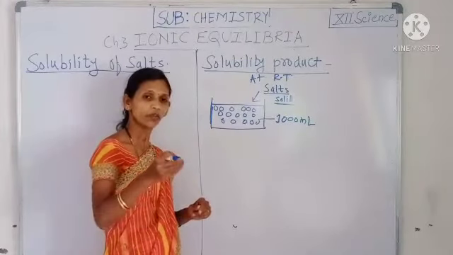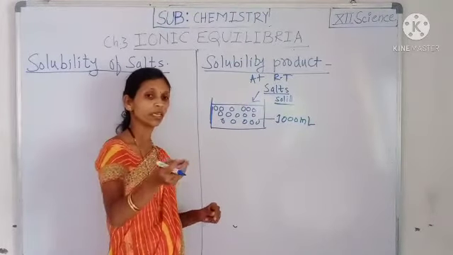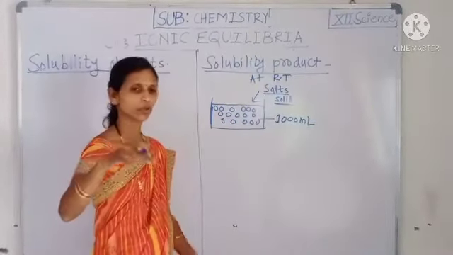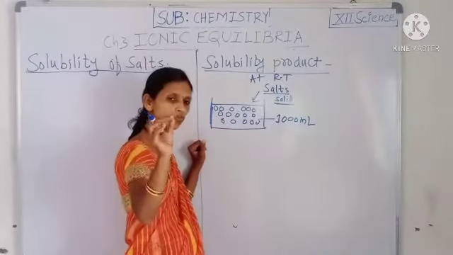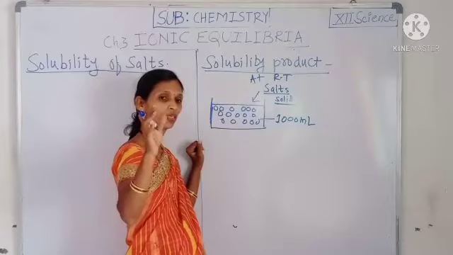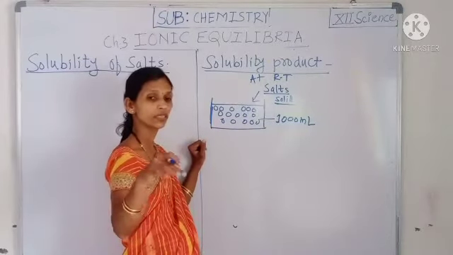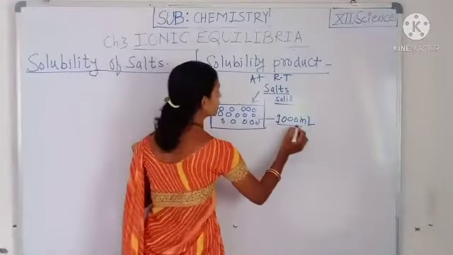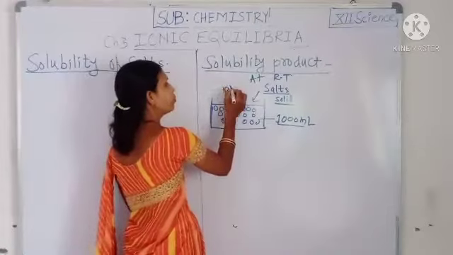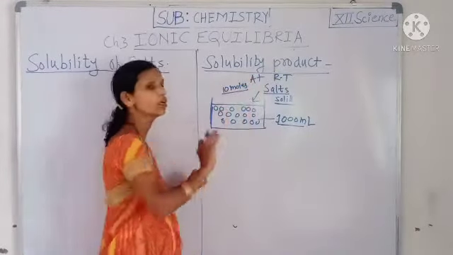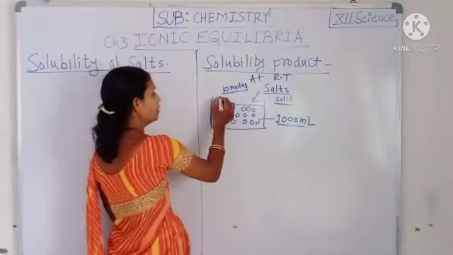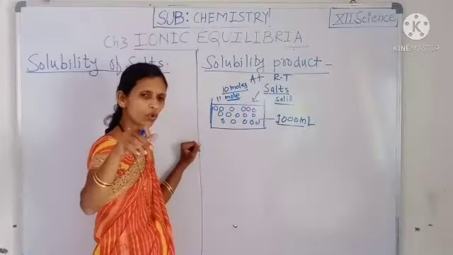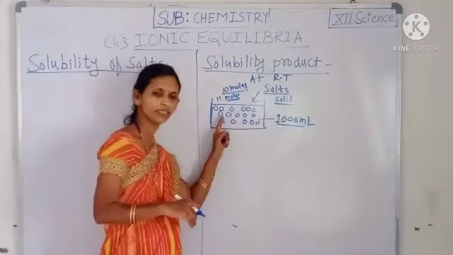But if we add salt in excess amount, then one stage comes where the molecules of that salt do not dissolve. Suppose in 1000 ml of water, 10 moles of salt dissolve completely, and when we add the 11th mole of that salt, it remains as it is.